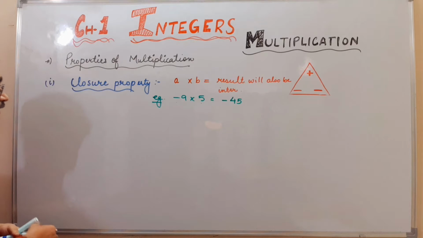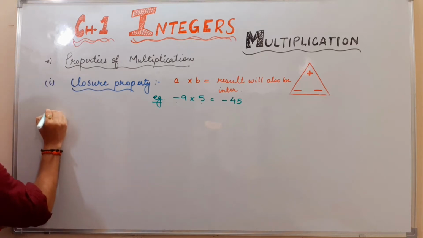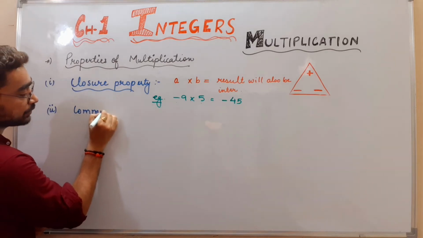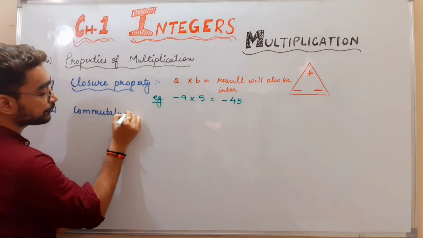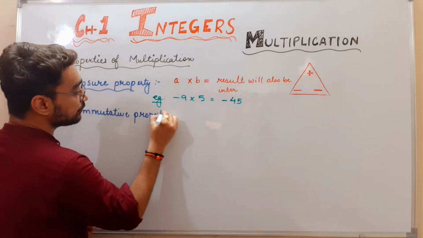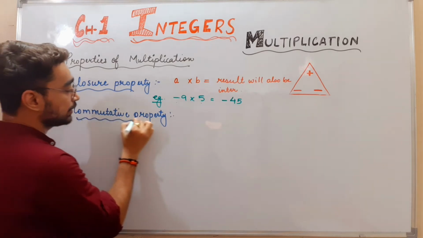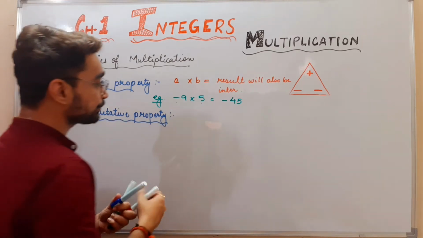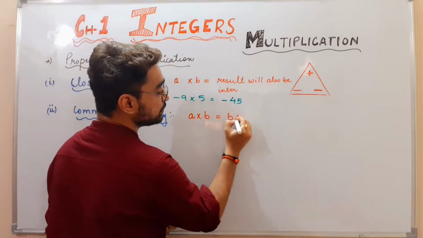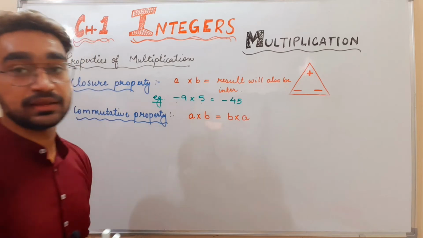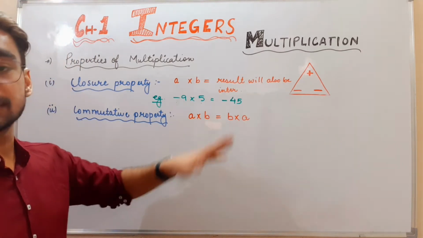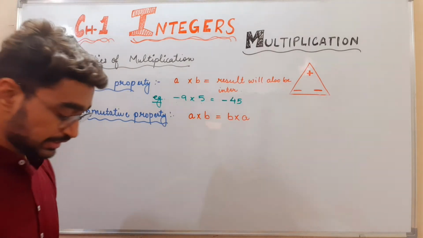Now the second property is the commutative property. What does the commutative property say? It says that A into B is equal to B into A if both A and B are integers. Check it.